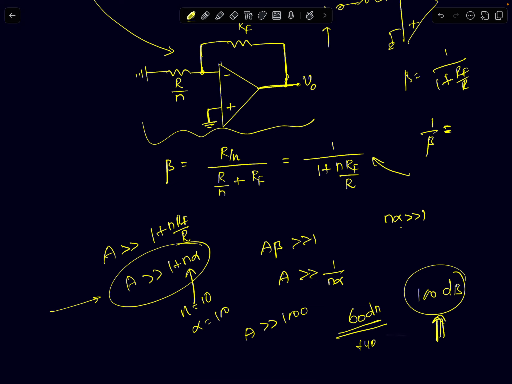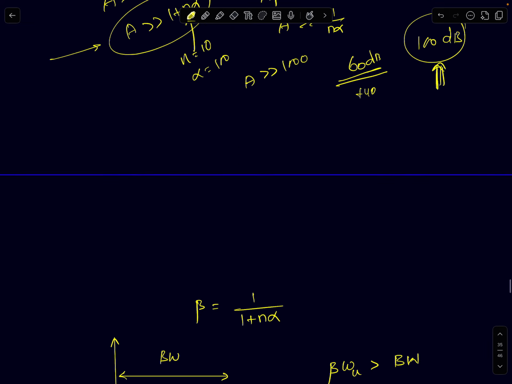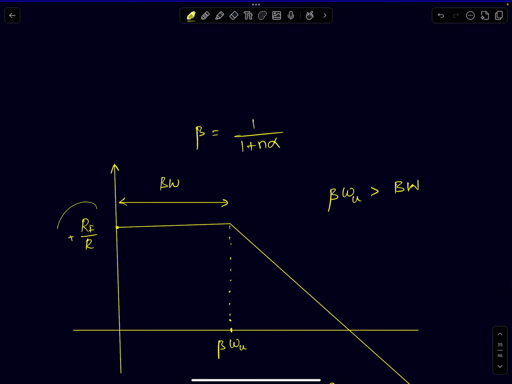Now for UGB, again we'll have to do the same calculation. If you look at this circuit, it's just an inverting amplifier, and all those same conditions will hold true. The Opamp's DC gain is going to be RF by R for each path. So this is the frequency response. There are n different paths.